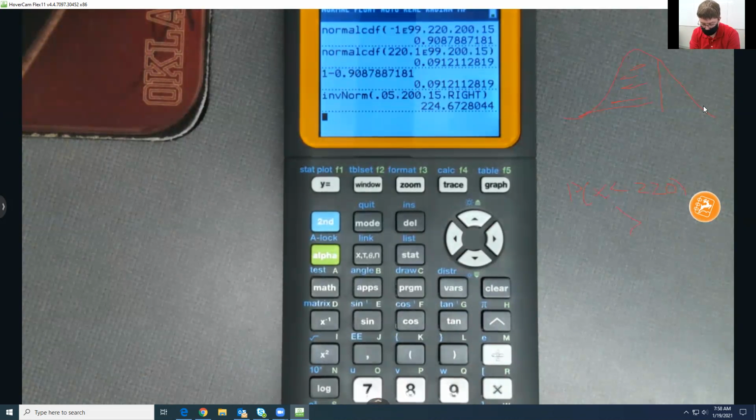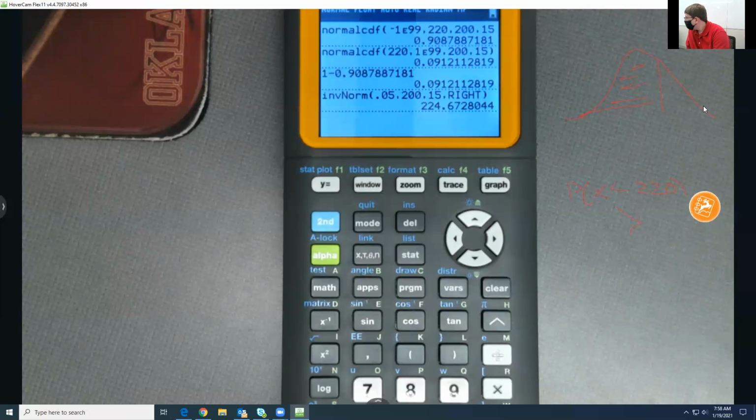So it should be 224.6728 hours. Pretty neat, because normally you'd have to go find the chart and then do like we did with the chart. You have to guesstimate the difference between the two and then plug it back in. Not that it's hard, it's just tedious. This way it takes all the tediousness out of it.